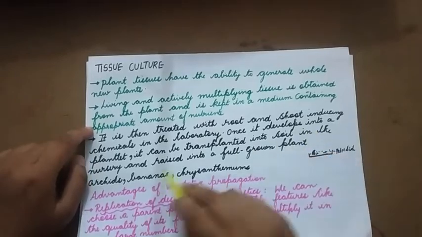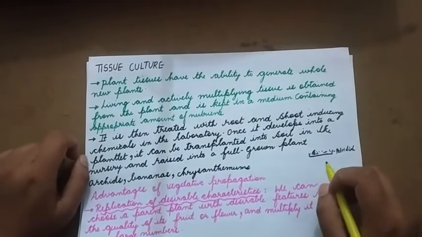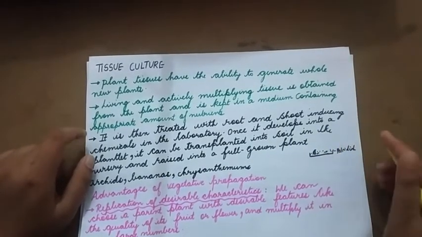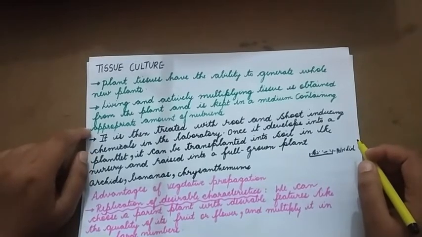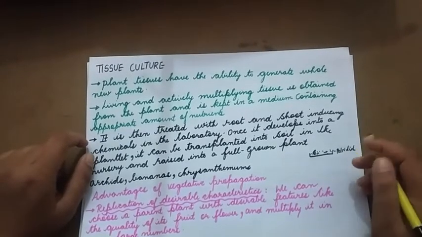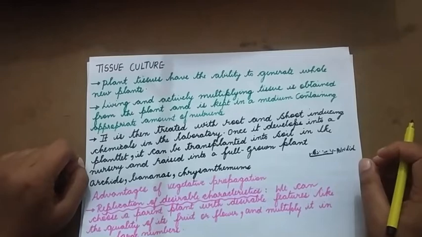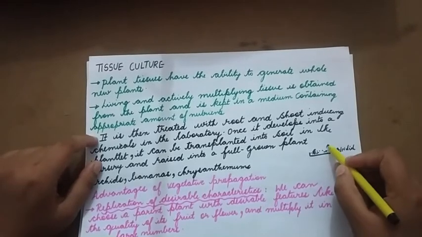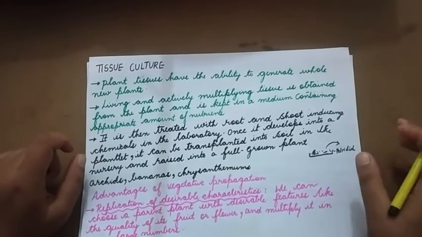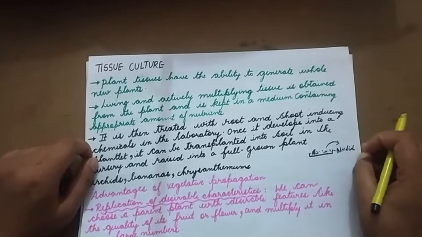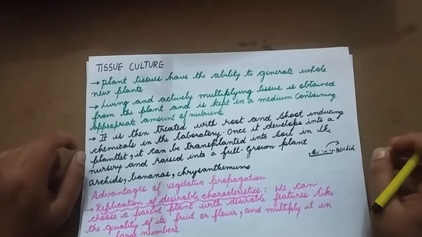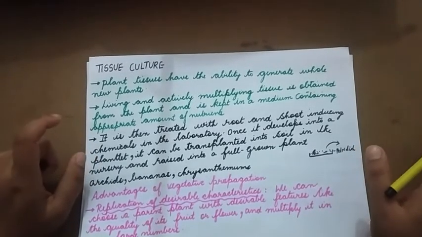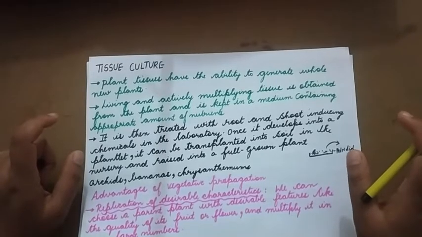Once it develops into a plantlet, it is transplanted into soil. So slowly it develops into a small tiny plant. Then we place that plantlet in the soil, and finally it grows into a plant.